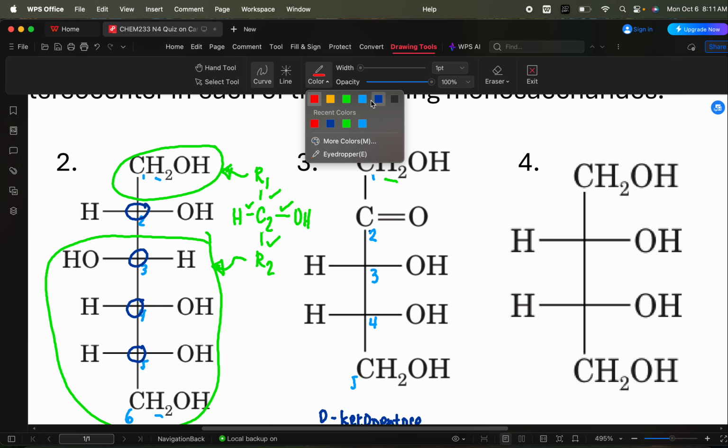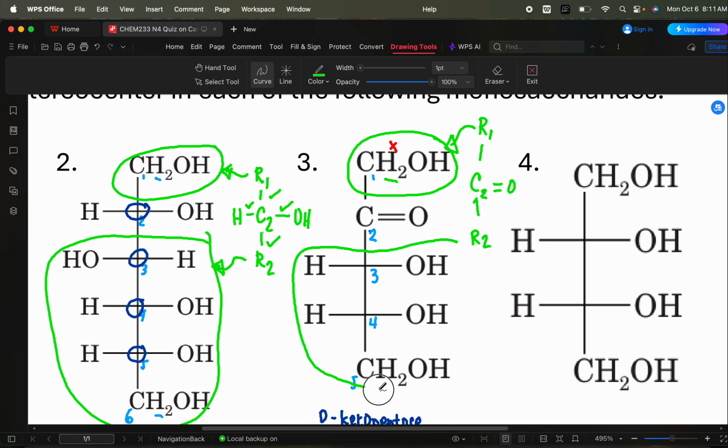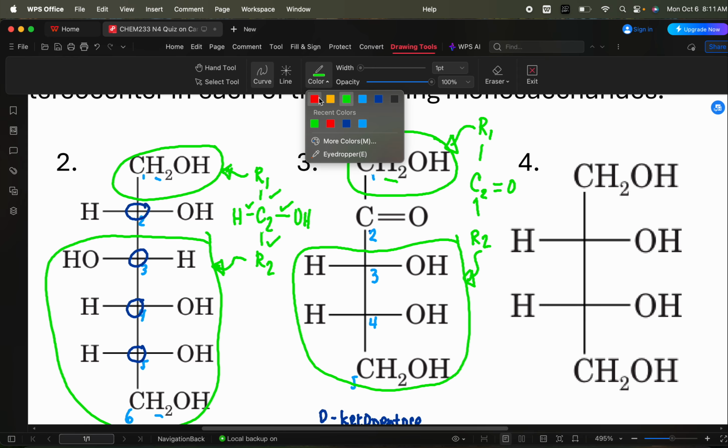So let me just redraw it. Carbon number 2, double bond O. Then this will be your R1, which refers to this substituent, and R2, which is this one. Since you have this double bond, this is already disqualified from being a stereocenter. So carbon number 2 is not a stereocenter.